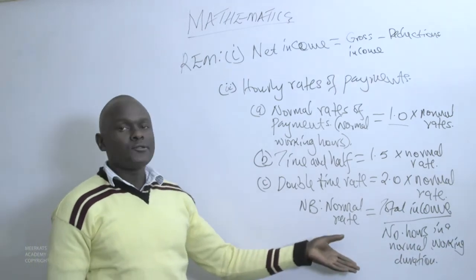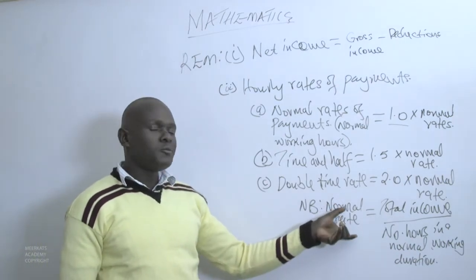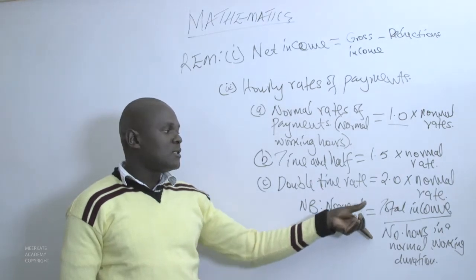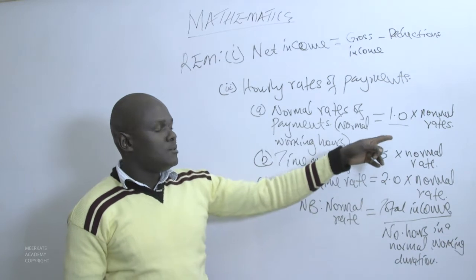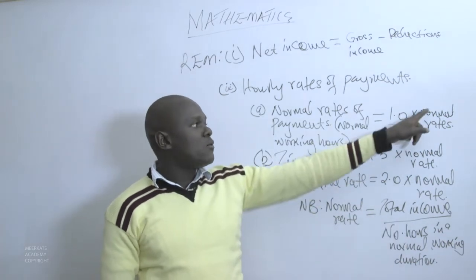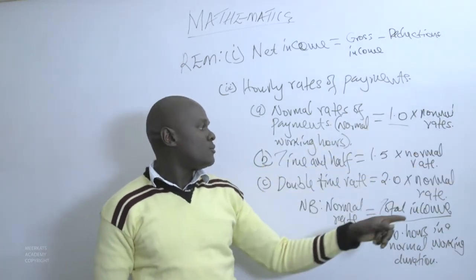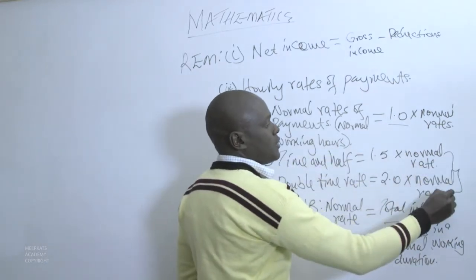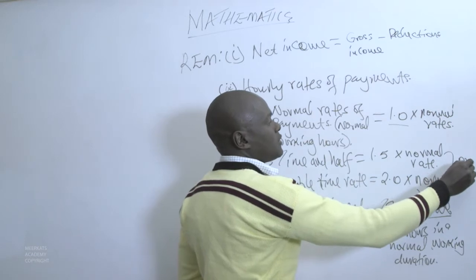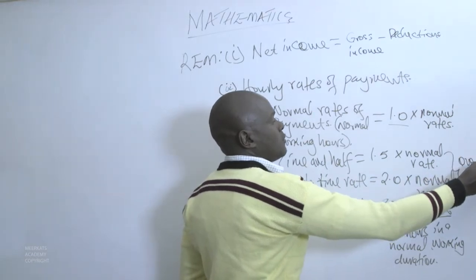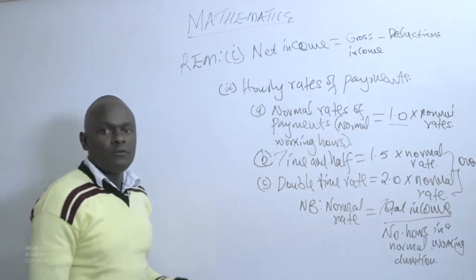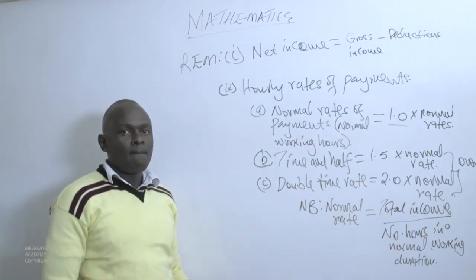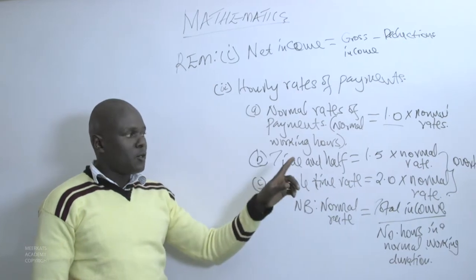This is what gave us normal rates. So the normal rates obtained from these particular relationships is the one that is applied across these three categories. And these two, we said, is what we call overtime.